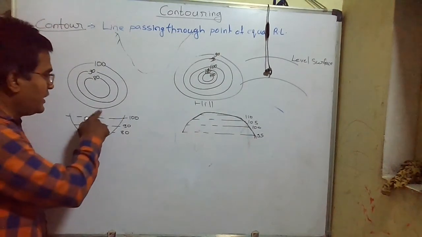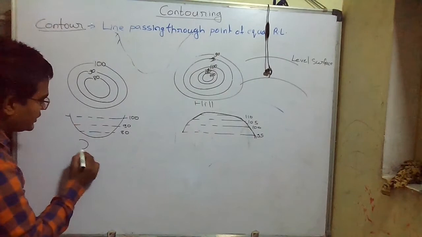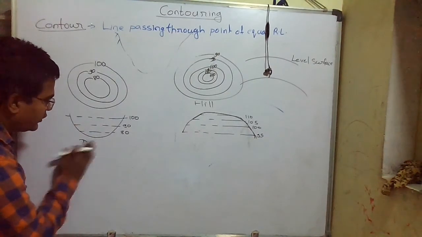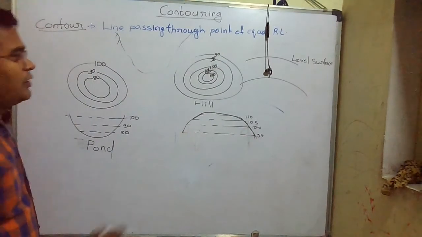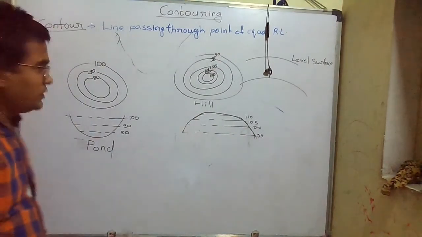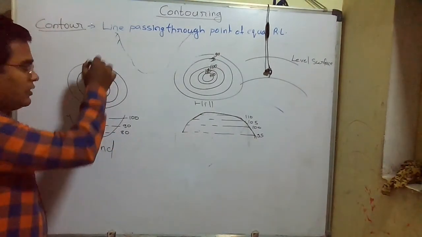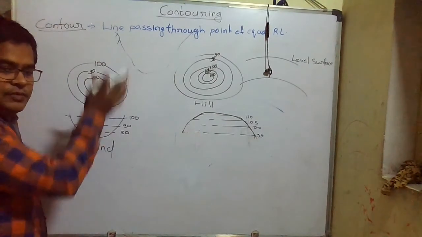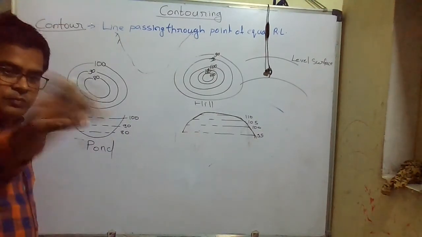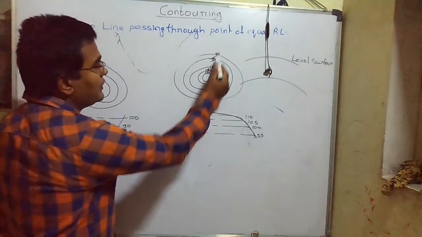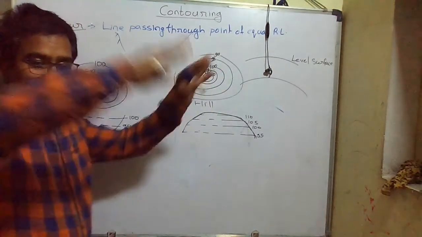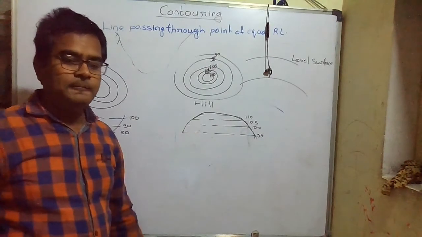Here we can say this is the depression or pond, and here we can say hill. What is the difference? You can say here inside RL is reducing, means there is a depression, and here you can see inside RL is increasing, means this is the hill.